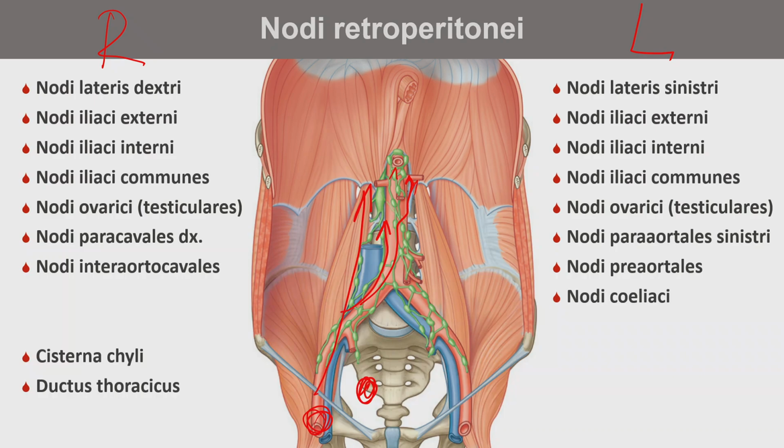So here is a very important structure. This structure, not too large, is called cisterna chyli. What is cisterna chyli? The blood from the intestine takes the substances which are absorbed, and they are transmitted to the liver when they are able to be absorbed into the blood.